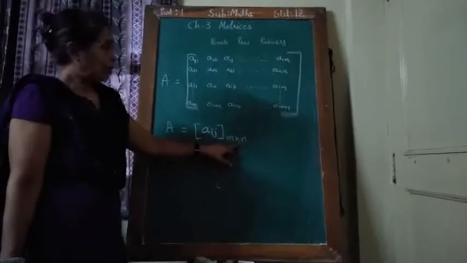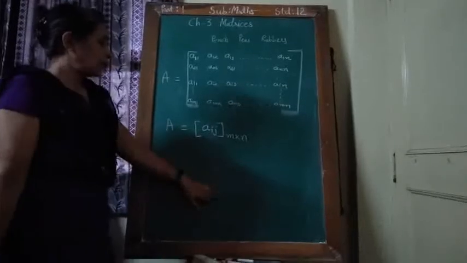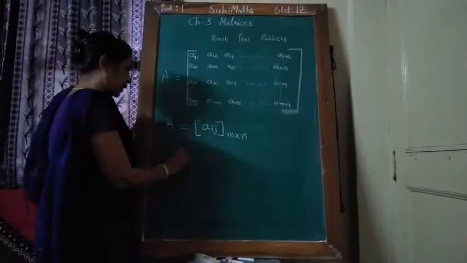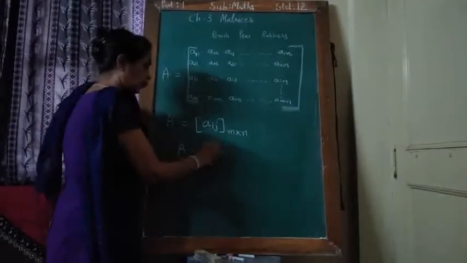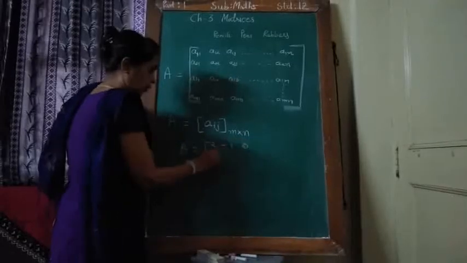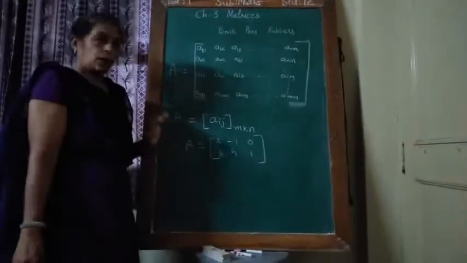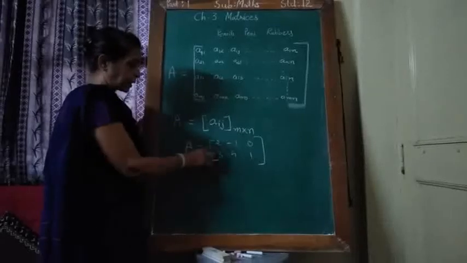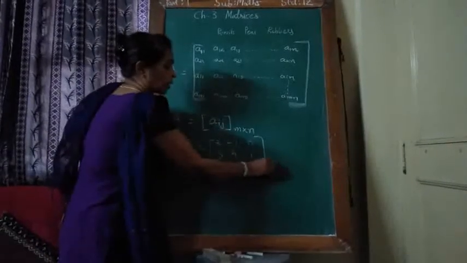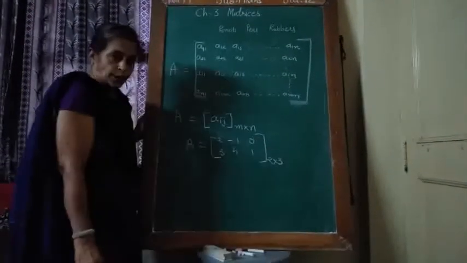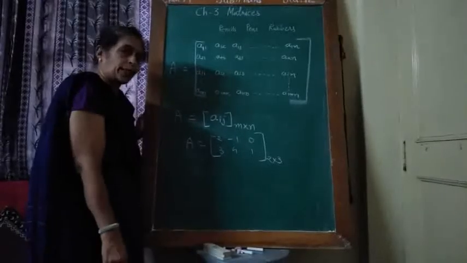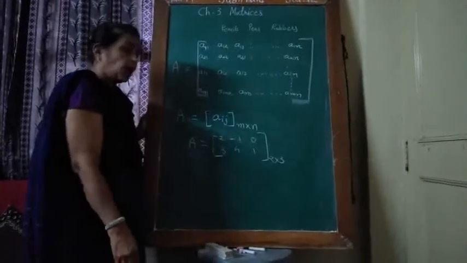Remember. And suppose I write one matrix, say 2 minus 1 0, 3 4 1. Then the order of this matrix is what? 2 rows, 3 columns, a 2 cross 3 matrix, or you may say a 2 by 3 matrix. And how many elements?